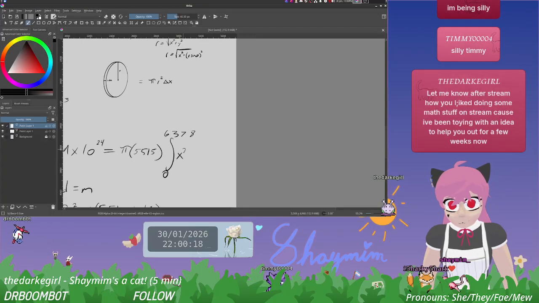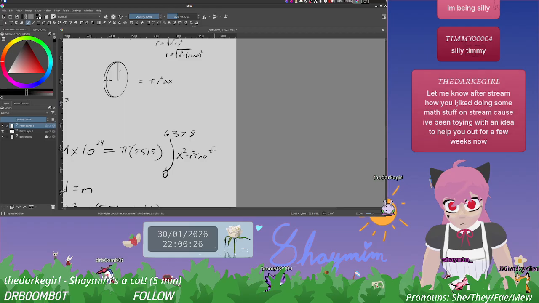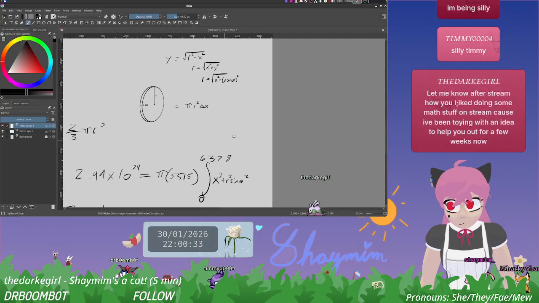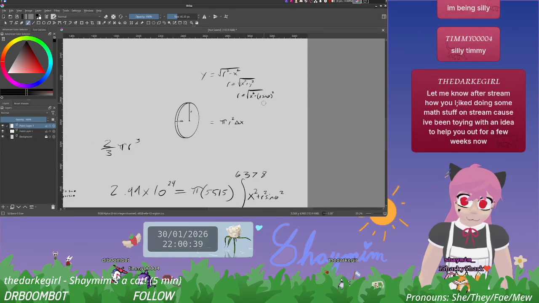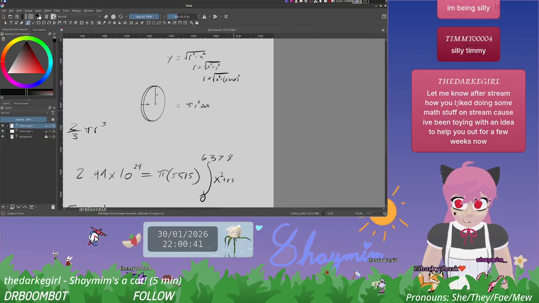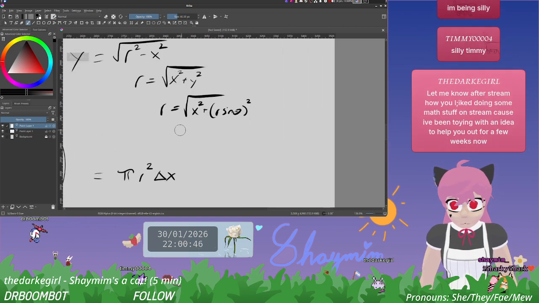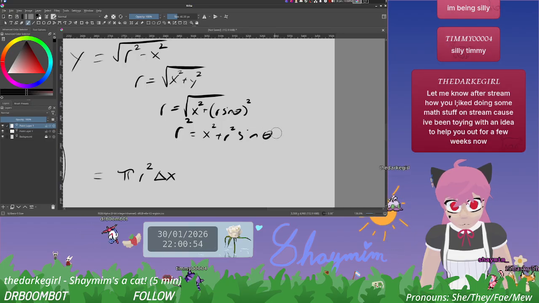So we'd have x squared plus r sine theta squared, or r squared sine squared theta. Is that correct? We've solved for y... Oh, except, hang on. No, because we're trying to put this in terms of x, right? So we'll just put this back. So r squared equals x squared plus r squared sine squared theta.